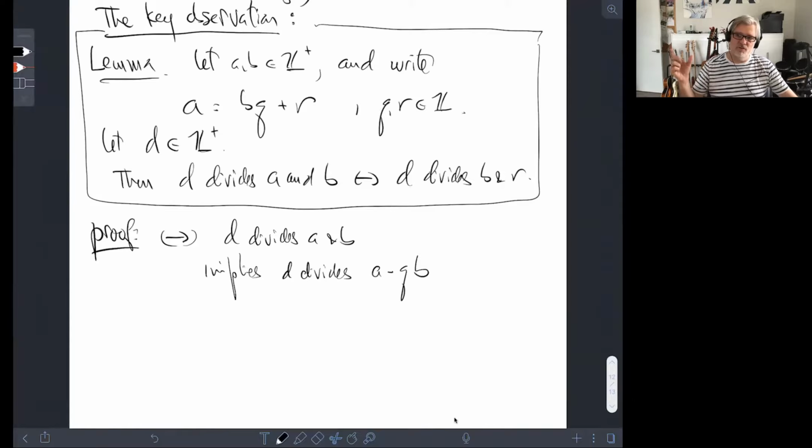Right? If you divide two numbers, you divide any combination of those. And what is A minus QB? It is R. So if D divides A and B, it divides B and R.